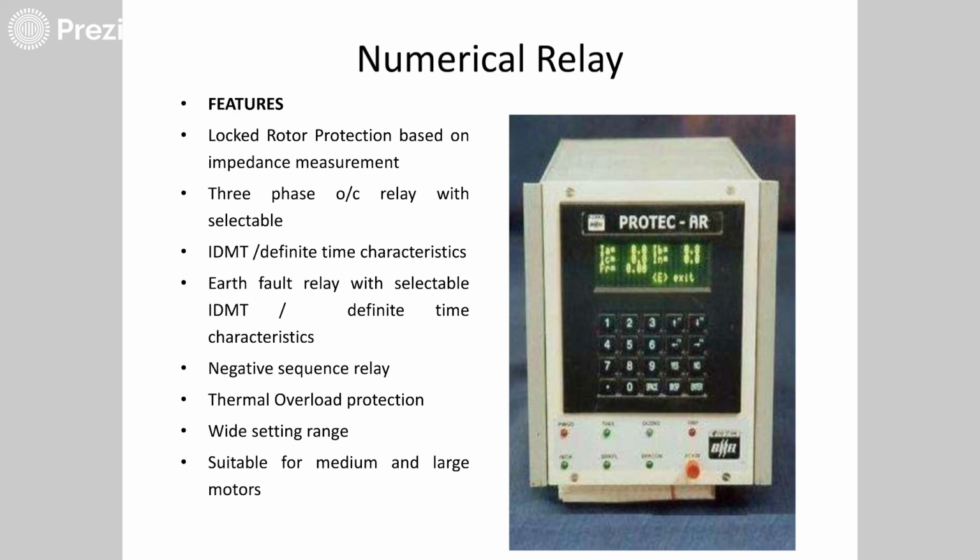Also, you can find out whether the sequence of your phase voltages is going in the right manner, or whether it has a negative sequence operation. And you can find out whether all three phases are seeing the same fault, or whether it is a fault from any particular phase. Okay, so that's all about your numerical relays.